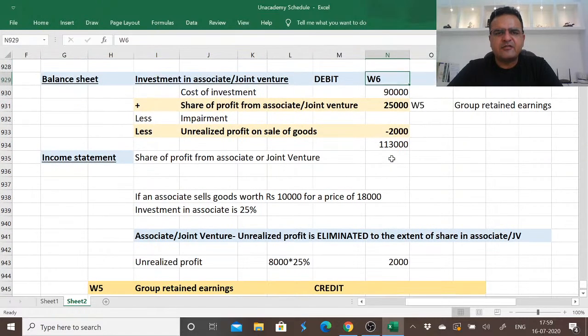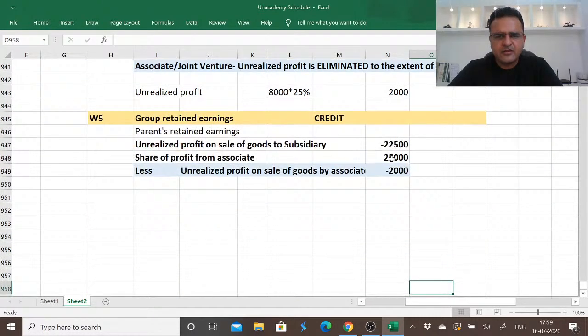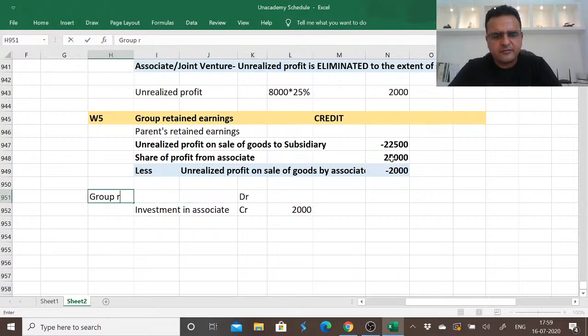When we pass this entry, investment in associate credit 2,000 and group retained earnings debit 2,000, these two adjustments automatically get done, and we will be successful in making the adjustment of unrealized profit.